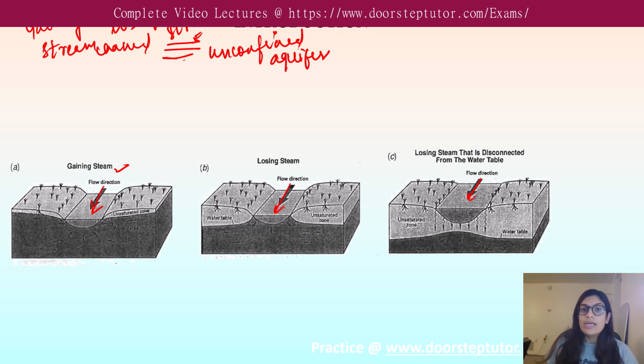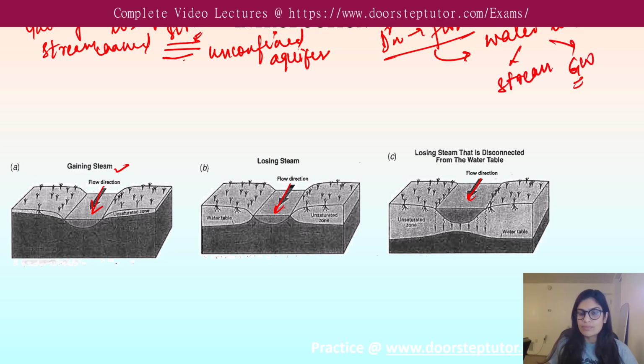Now, in which direction this flow is going to be, it is going to depend entirely on the water levels of what? Stream and groundwater. This is how it works: where the high water table or high water level is, water is going to start moving from that direction into the direction where the low water level is present.